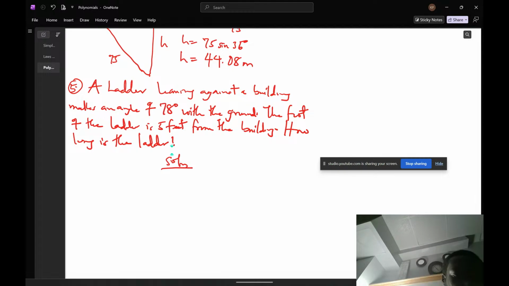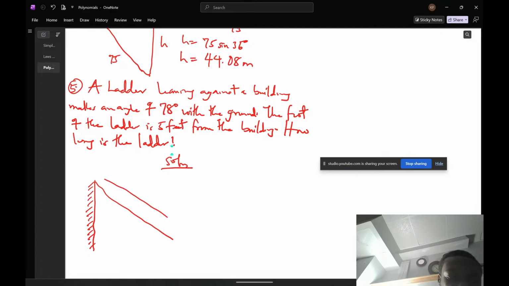Now let's make this building. This is the building, for example, and this is the ladder. The ladder is resting on the building. This is the ladder leaning against the building, and this is the foot of the ladder. So the distance of the foot of the ladder from the building is 5 feet.